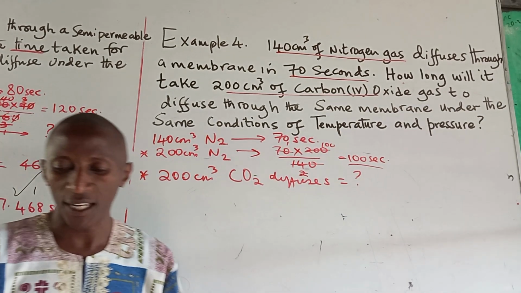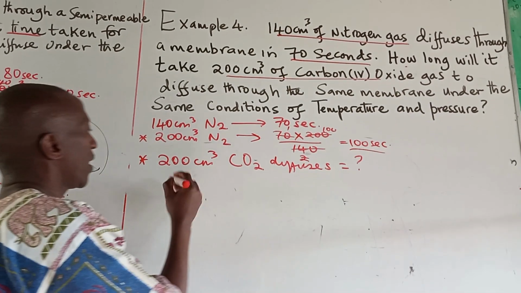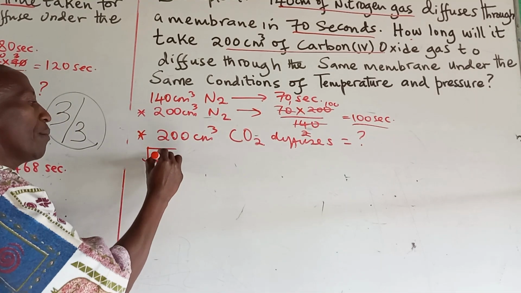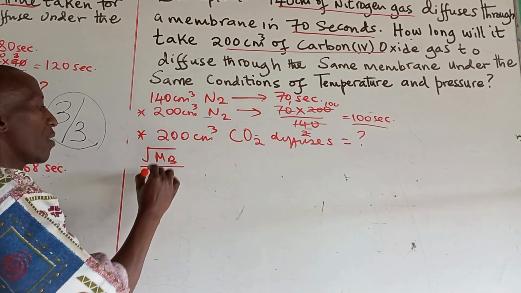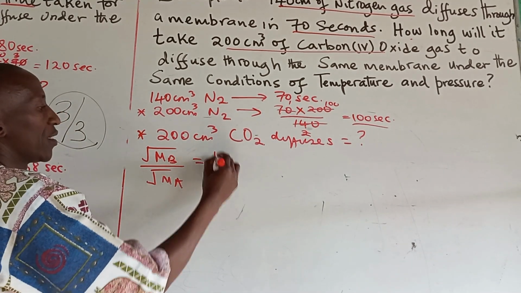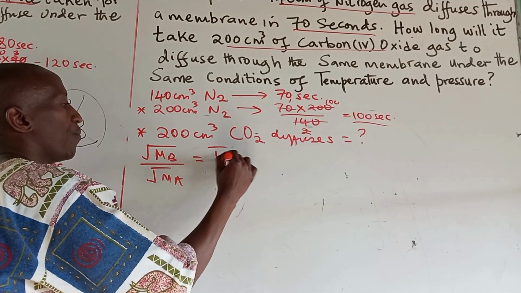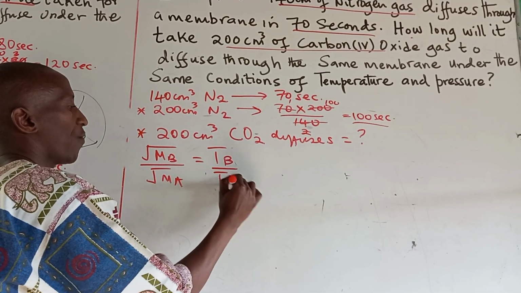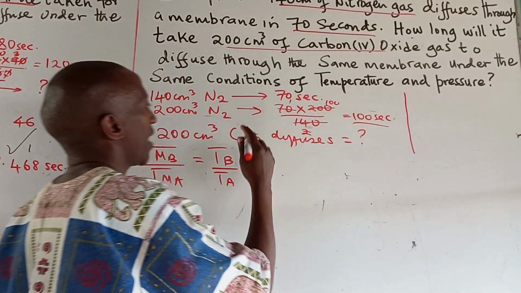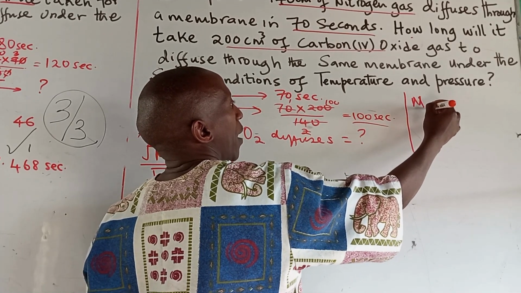So straight away, let's go to the formulas. The formula requires that the square root of the molecular mass of B over the molecular mass of A equals the time of B over the time of A. That means another item we need is the molecular mass of nitrogen.